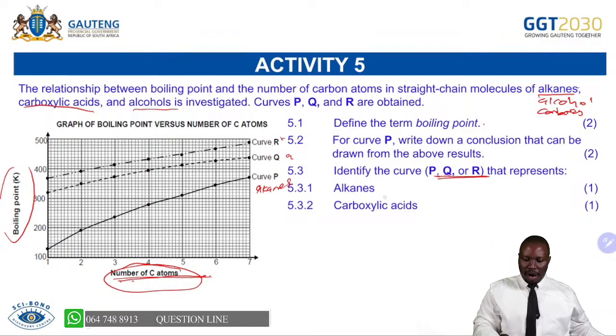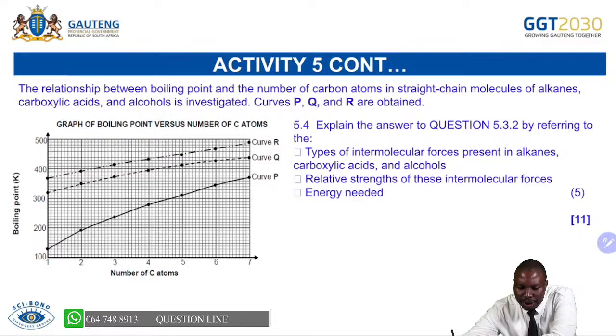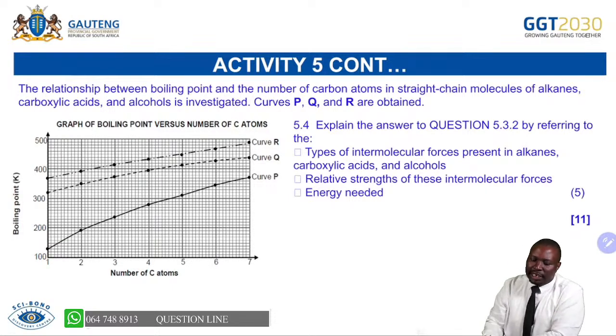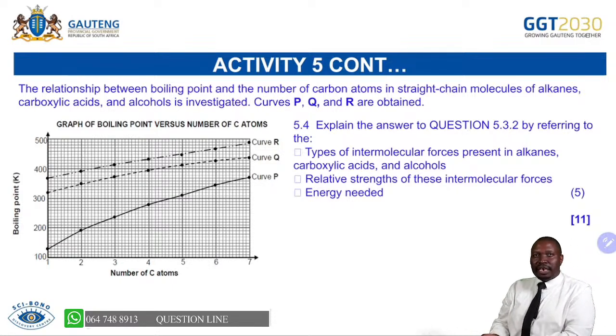So for 5.3.1, alkanes, we said is P. For carboxylic acids, we said carboxylic acid is the highest, so it's R. So you are able to answer that question. And then they said, explain the answer to question 5.3 by referring to the type of intermolecular force present in alkanes, carboxylic acid, and alcohol, and the relative strength of these intermolecular forces, which is the same thing that we have been saying.